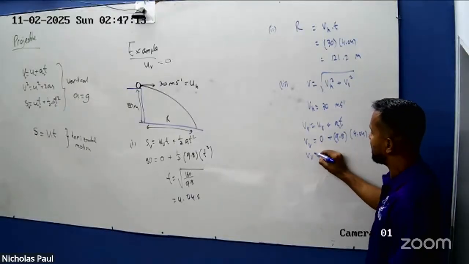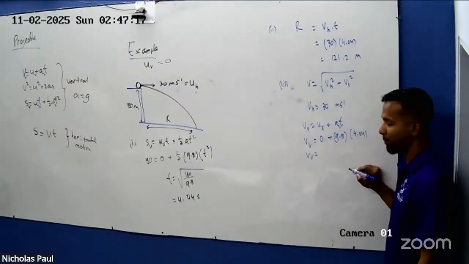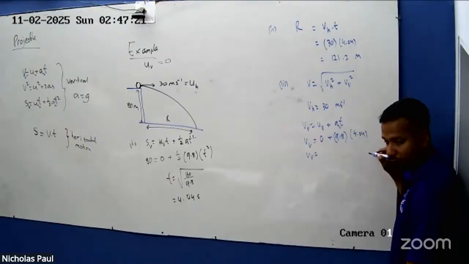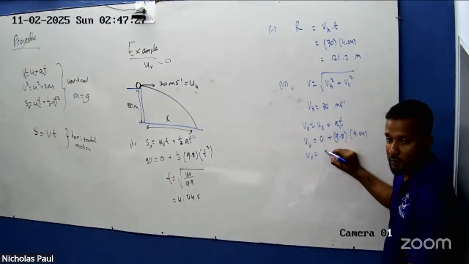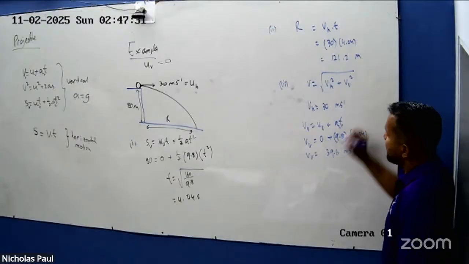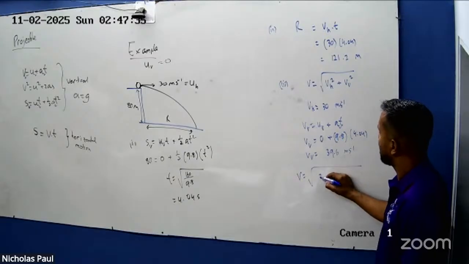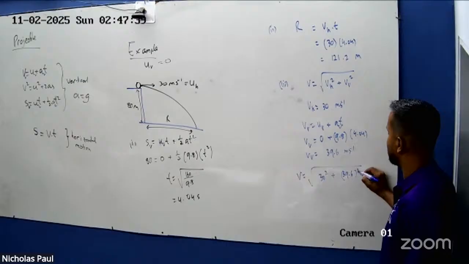So your vertical velocity is how much? 39.6. And then to find your final velocity, you square root 30 squared plus 39.6 squared.